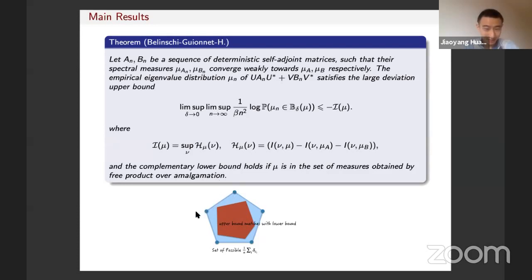So if this is the polygon given by the limits of the Horn's relations, we only have this equality in a subset of it. And we do know the relation cannot be true for the whole domain because we cannot see those boundary conditions from this rate function. It's different from the last slides, where we can see those boundary curves from the rate function.